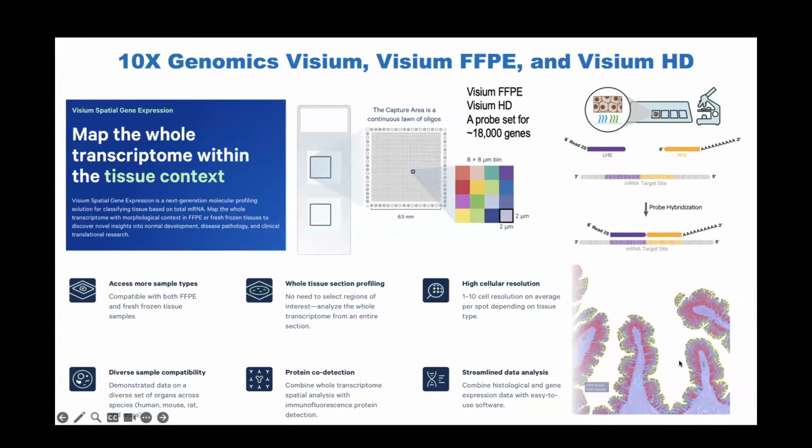So this is a nice example. You can see significant resolution increase as compared to conventional Visium or other methods. And if you're interested in how that worked out, if you go to the 10x Genomics website, you can look up some technical specs for Visium, Visium FFPE, and the most recent Visium HD.